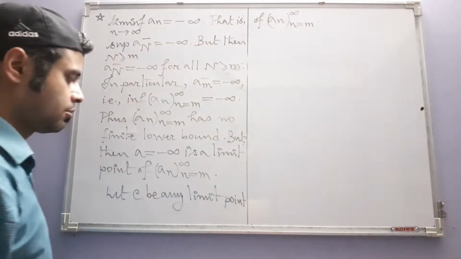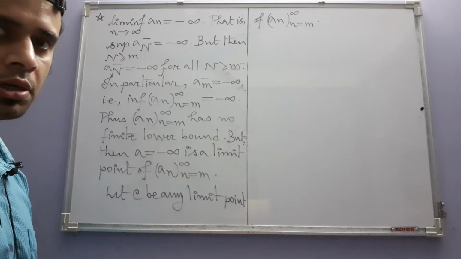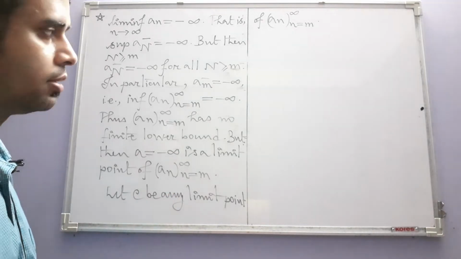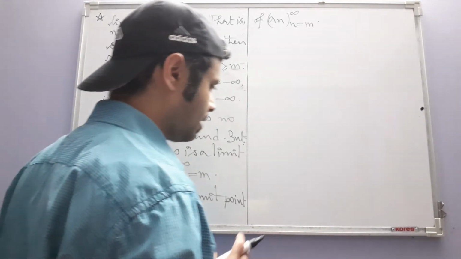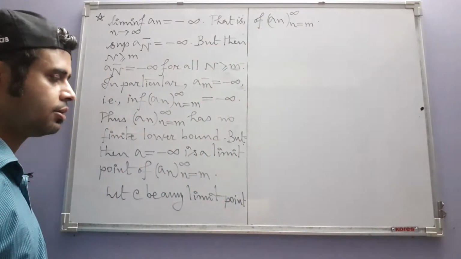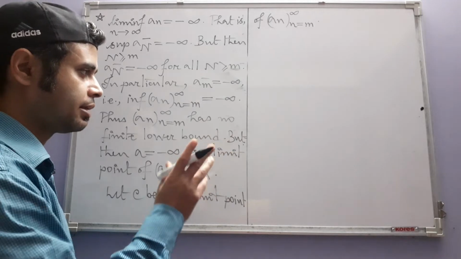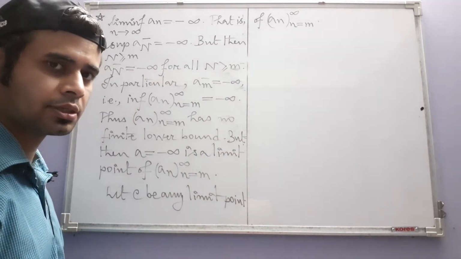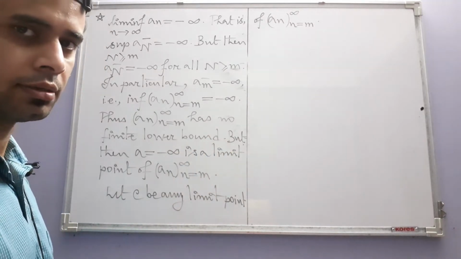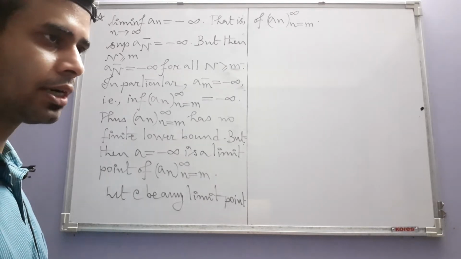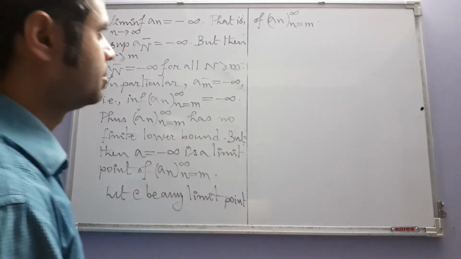Our aim is to show that C is less than or equal to A, the limit superior. We haven't touched the limit inferior yet, but you can guess what I am going to do. At the end of the solution, I will just mention that one can simply handle the limit inferior case, which however you have to handle.